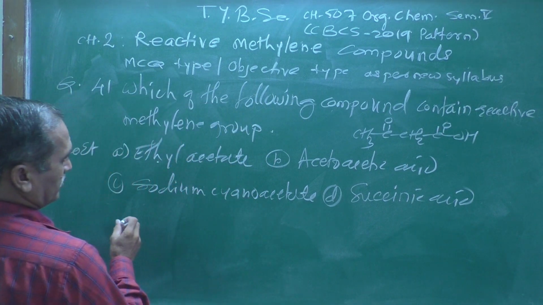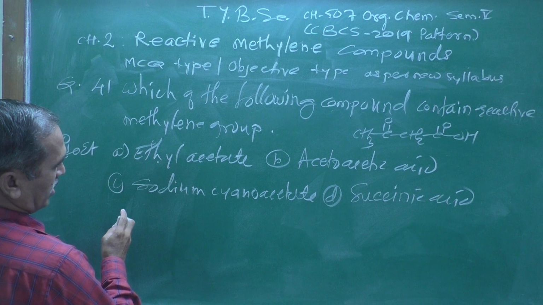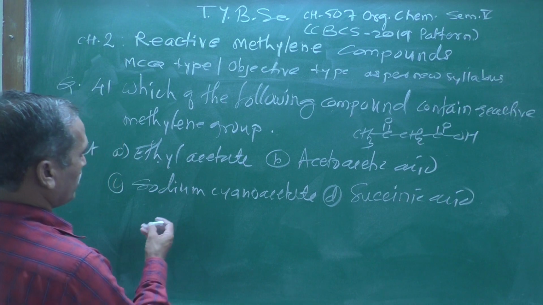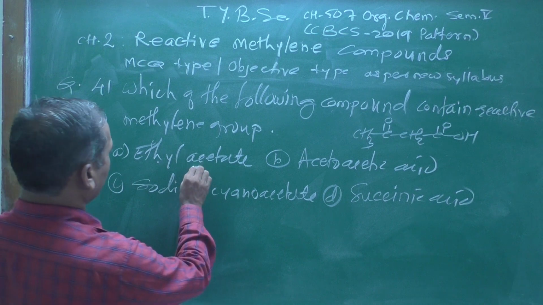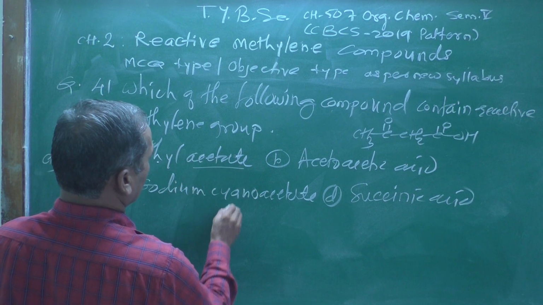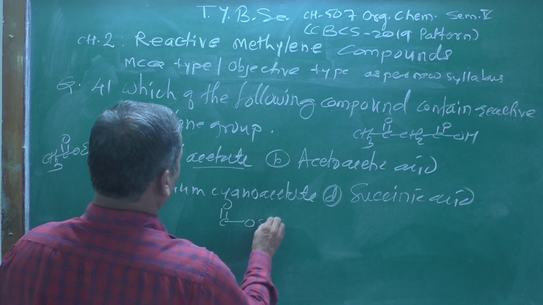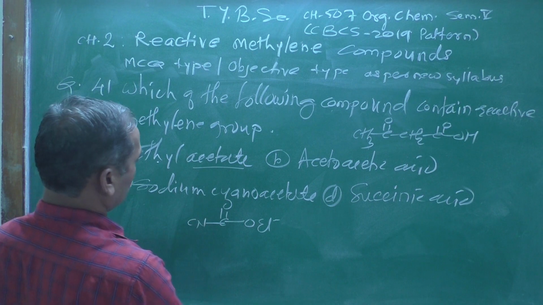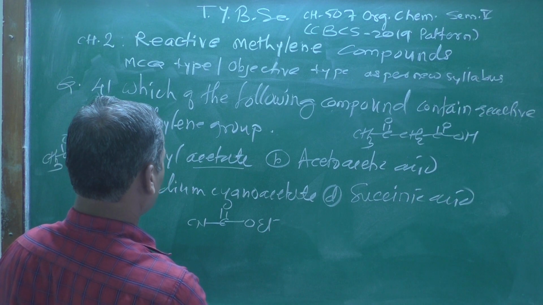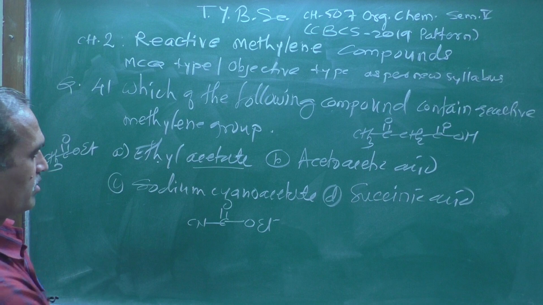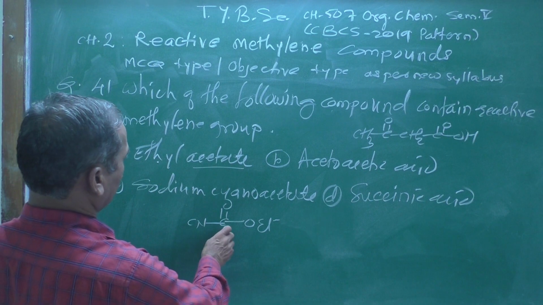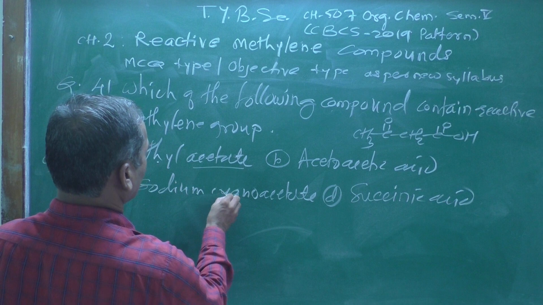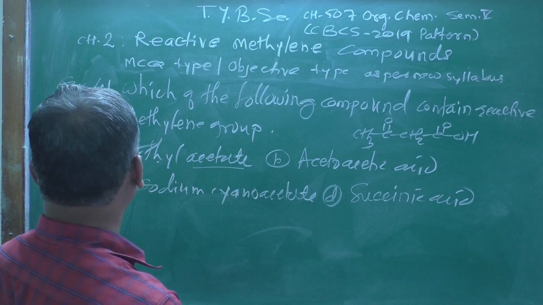The structure of sodium cyanoacetate has the acetate part as C double bond O, with the cyano group.